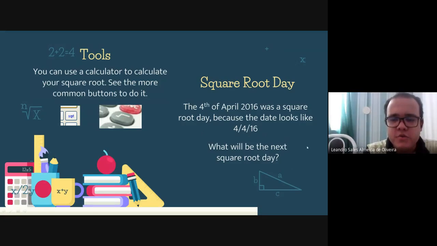So I ask you, what will be the next square root day? Hey people, what will be the next square root day? The last one was the 4th of April of 2016.